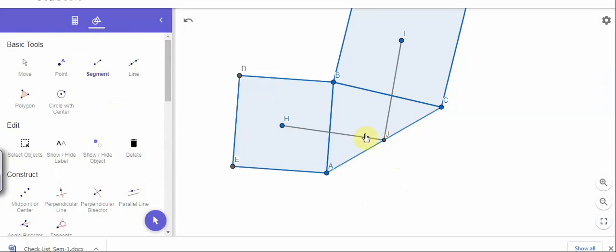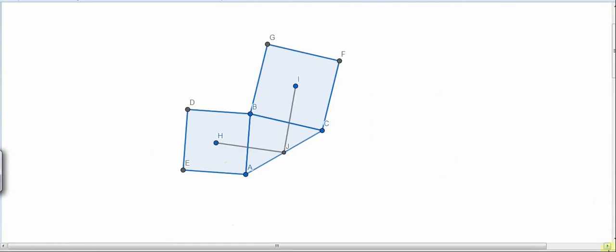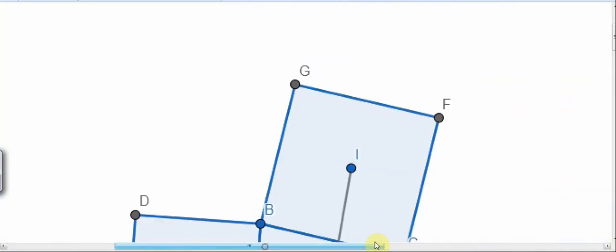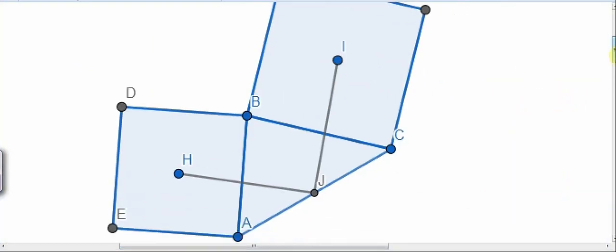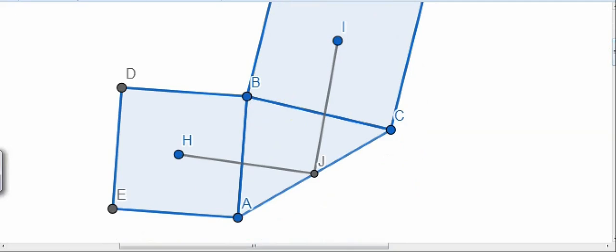So let me take this diagram. Okay, so what we have here is this configuration which we have just drawn. Now I drop a perpendicular from H to AB like this, and I drop a perpendicular from I to BC like this, and I connect these two points.